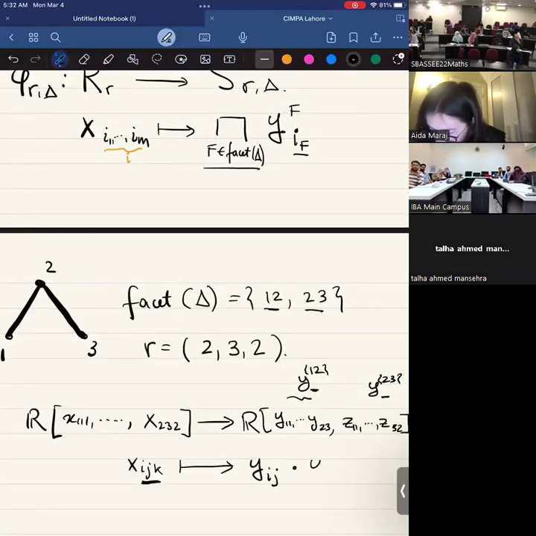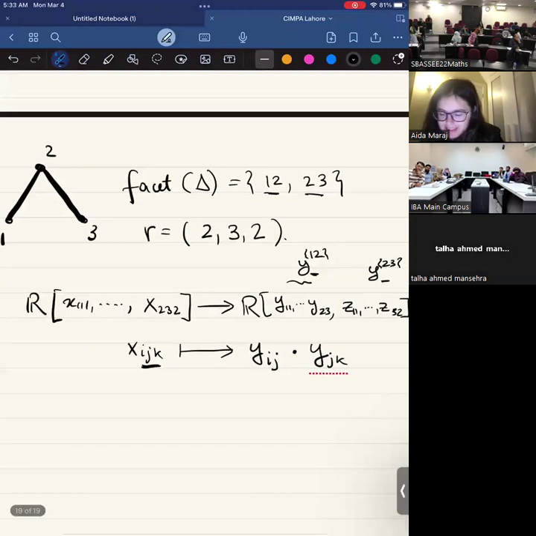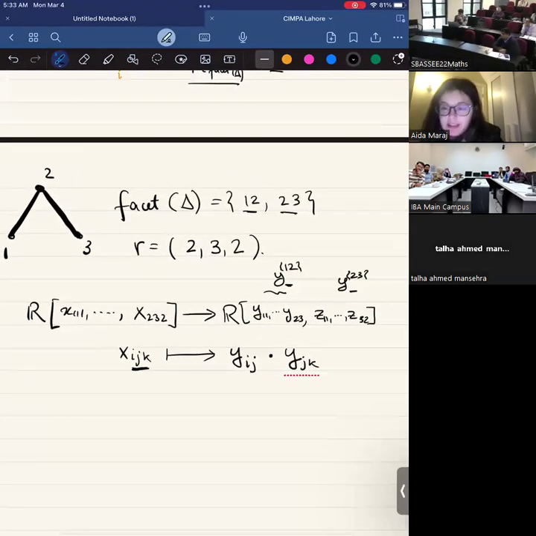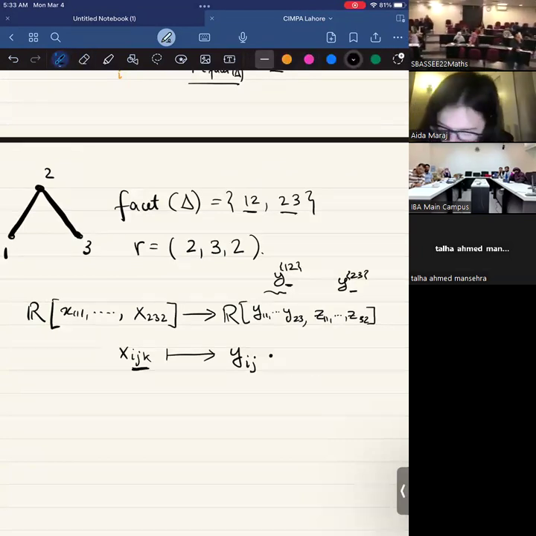We take the second facet and project to what it is saying, the second and the third, so it's jk. Is this clear? Maybe z_{jk}. Sorry? It's z_{jk}. Oh, yes, thank you. Yes, it's z_{jk}.